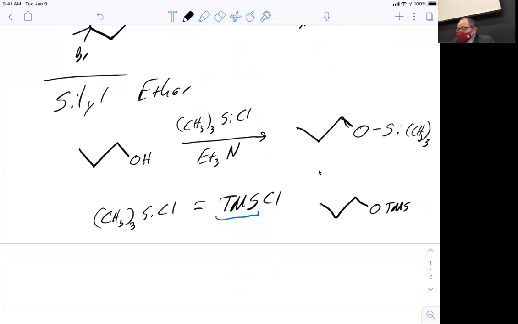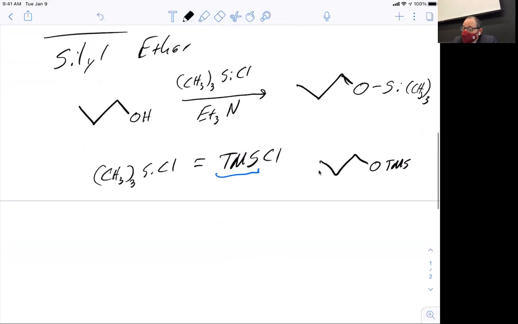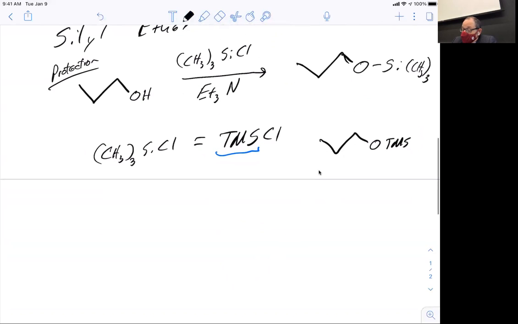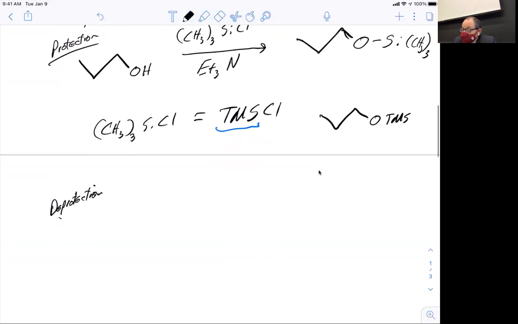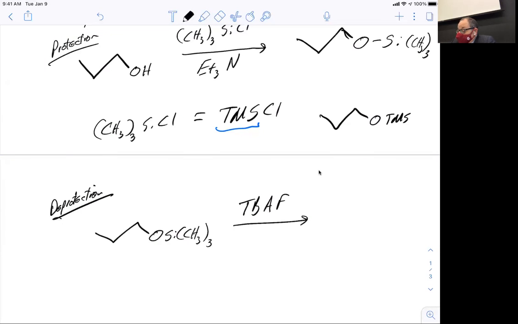To remove this, we have two main ways to deprotect. So this was the protection step. To remove that, the deprotection, we can use tetrabutylammonium fluoride.